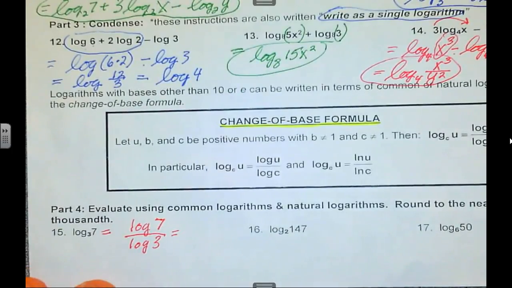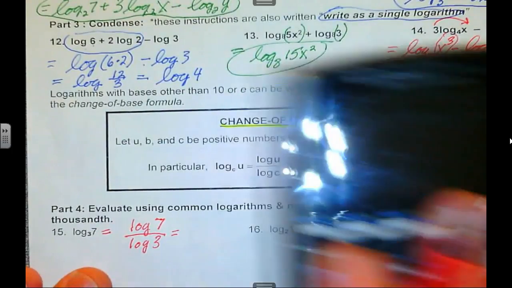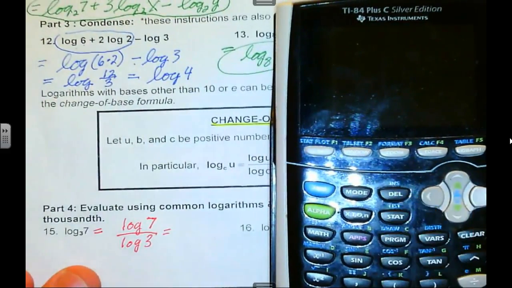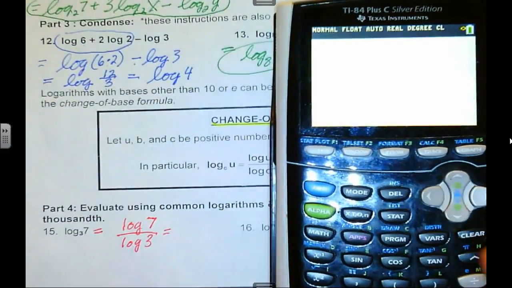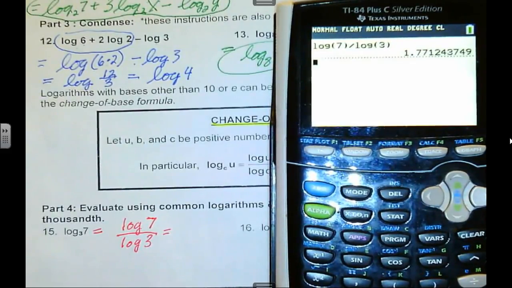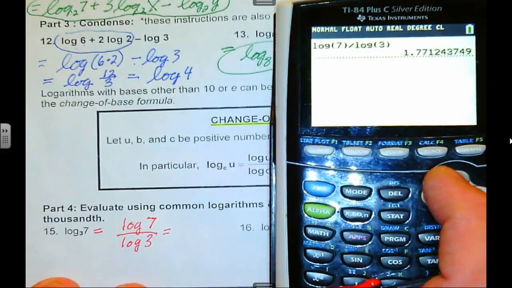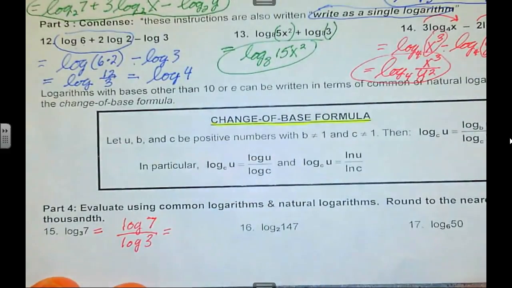And I just put that in my calculator using the log button. So log 7, and I believe you have to put them in parentheses, otherwise you get the wrong answer, divided by log 3, parenthesis, and let's go out 3 decimal places at the minimum. Okay, so I get 1.771. A lot easier, isn't it?